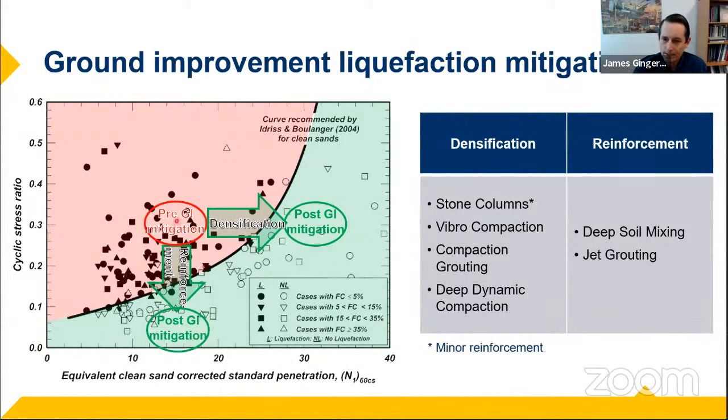And I want to get it out of the red zone into the green zone where it would have a factor of safety of more than 1. So if I go downward, that means I'm reducing the cyclic stress on the material, and that's accomplished through reinforcement. If I go to the right, that means that I'm making the blow count larger, or basically densifying the material, and that means that I'm using densification to achieve the improvement.